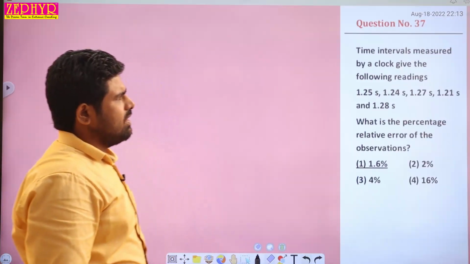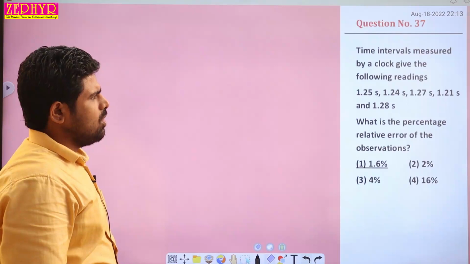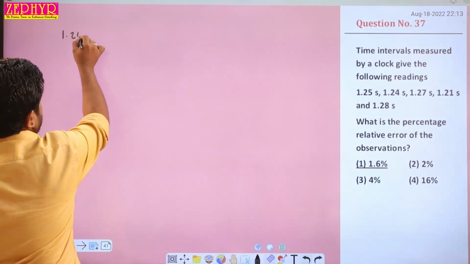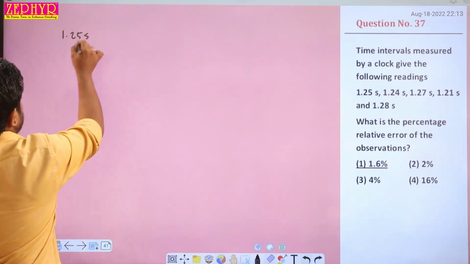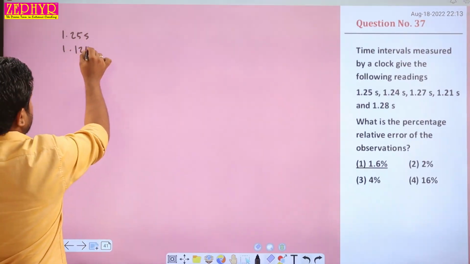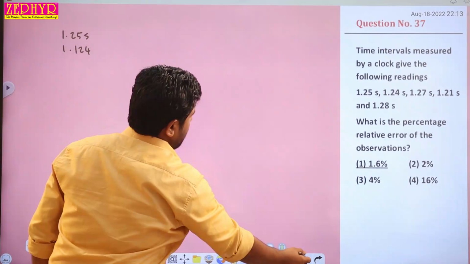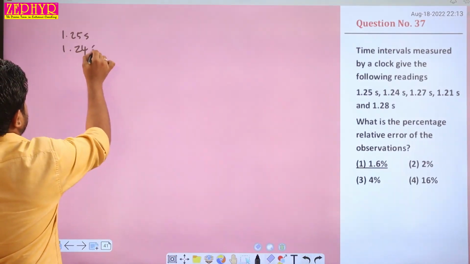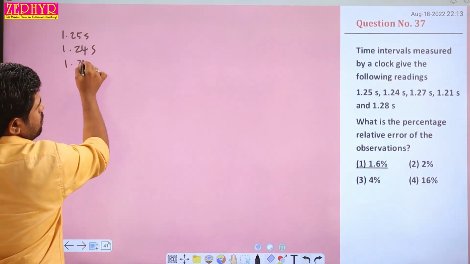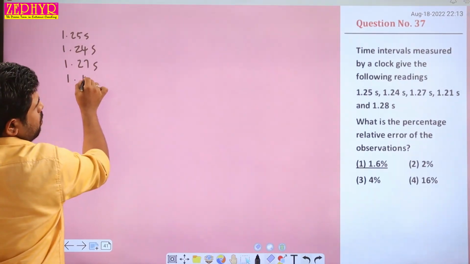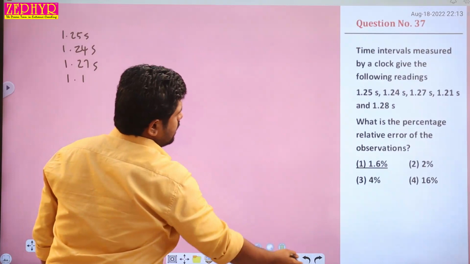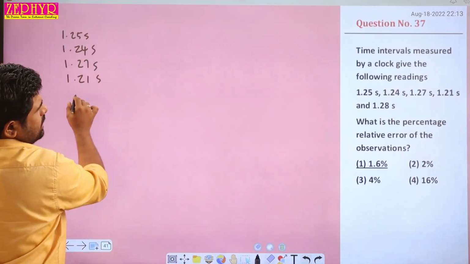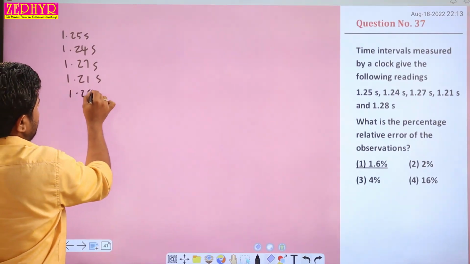Next, question number 37. Time intervals measured by a clock are given by the following readings: 1.25 second, 1.24 second, 1.27 second, 1.21 second, then 1.28 second.